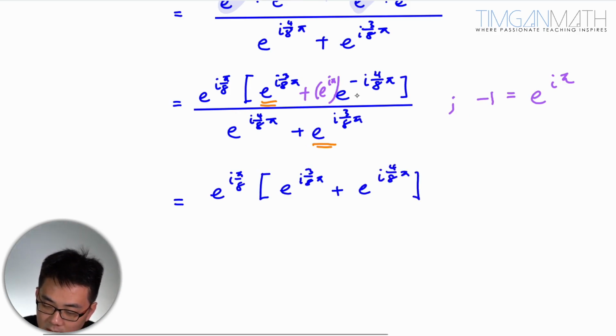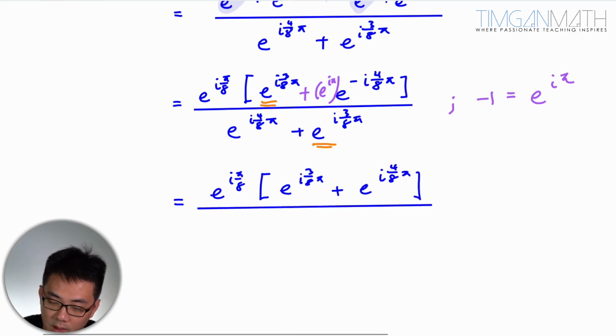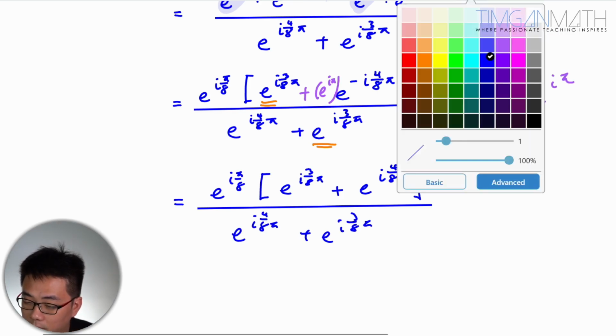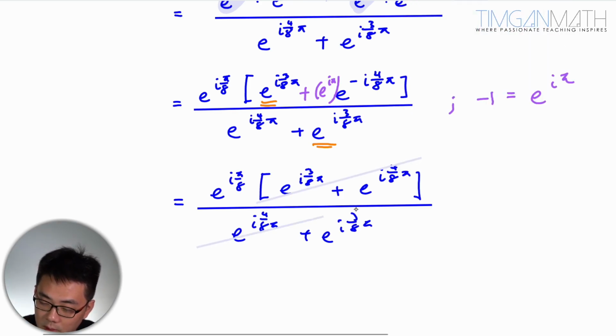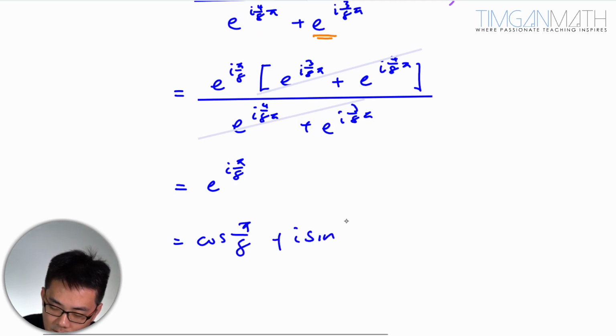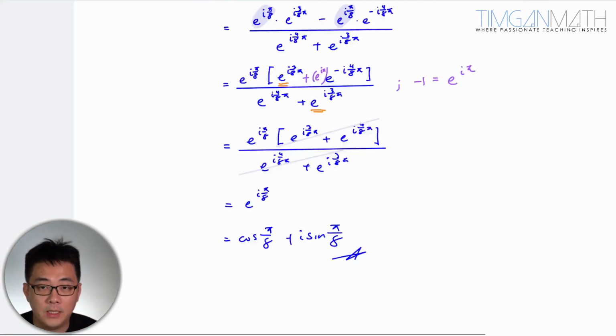It will be the same. Okay, then there you go. Then we could cancel these two out. Then we will leave this as e^(iπ/8), which is cosine π/8 plus i sine π/8. Okay, this is how I will do it.